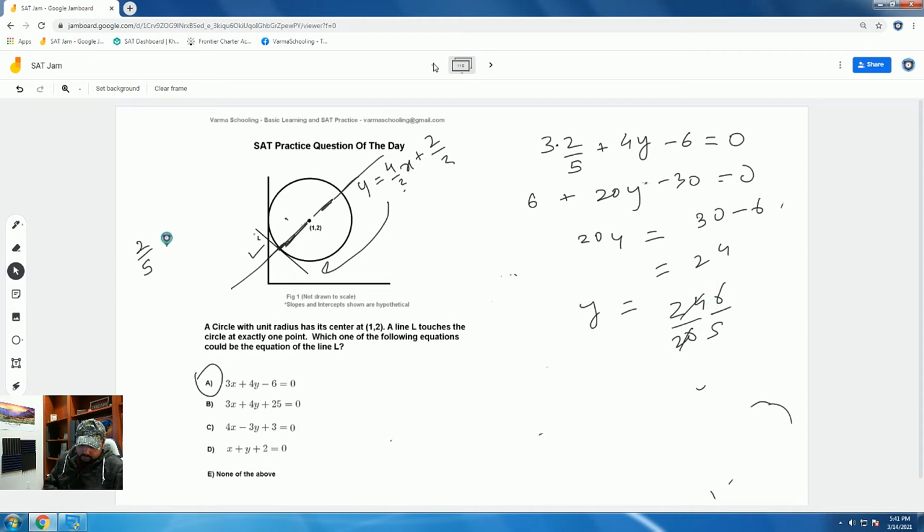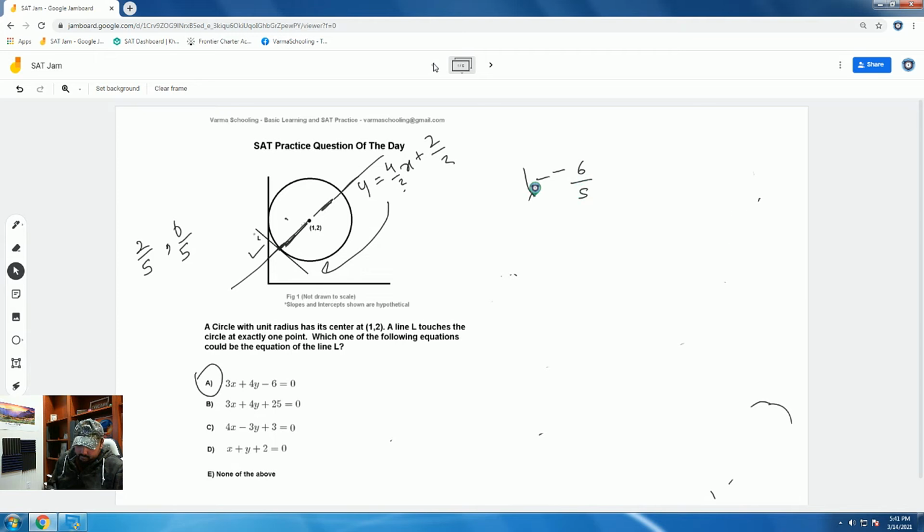So these coordinates are 2 by 5, 6 by 5. And now we can calculate the distance from point (1, 2) and see if it gives us the value of the radius. So 2 minus 6 by 5 squared plus 1 minus 2 by 5 squared.